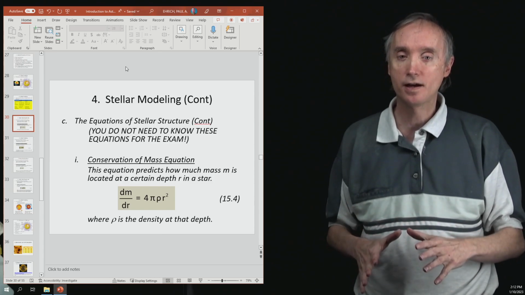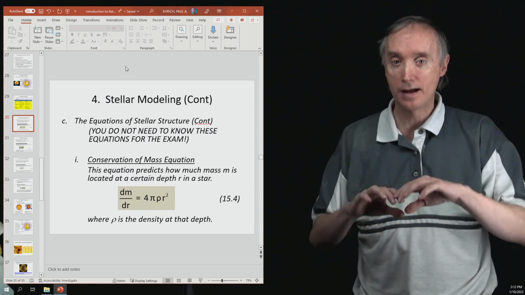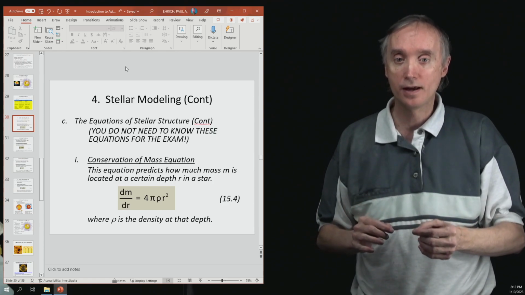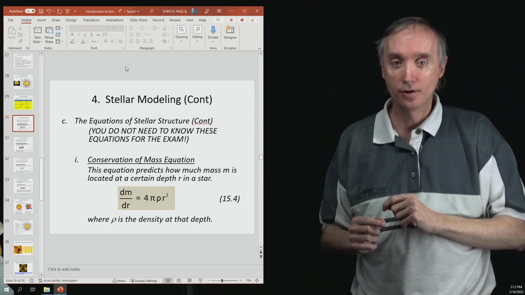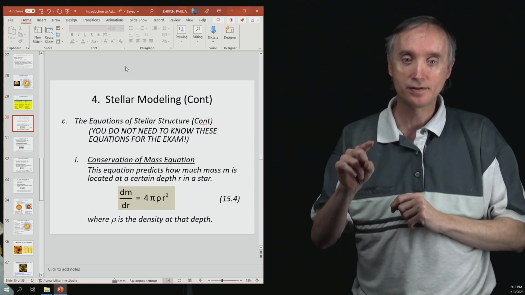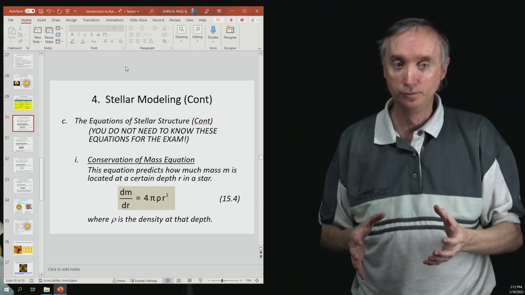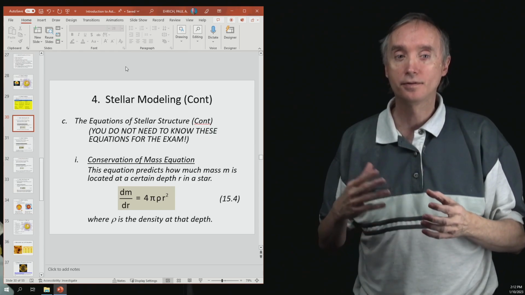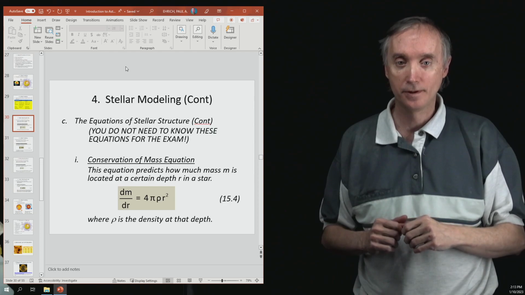So what this does is it's telling you how does the mass, the amount of mass inside the sun, change as you go deeper inside the sun. Okay, you should also recognize that symbol there, the thing that looks like the P, and I said it was called rho, and we talked about earlier in the previous unit, we said that that was density.